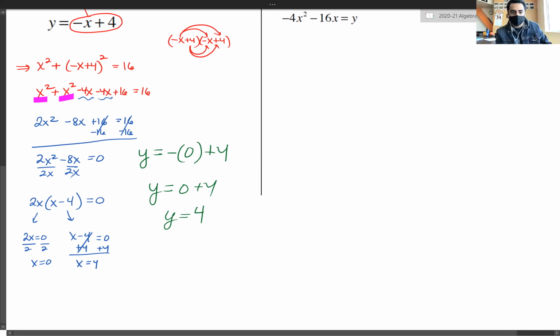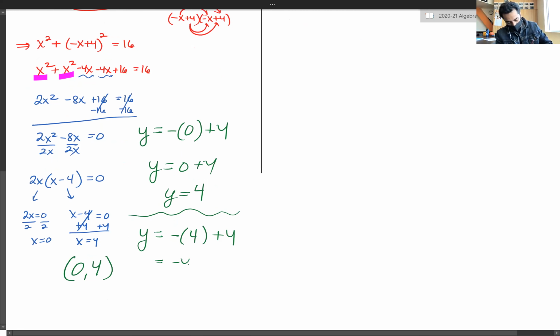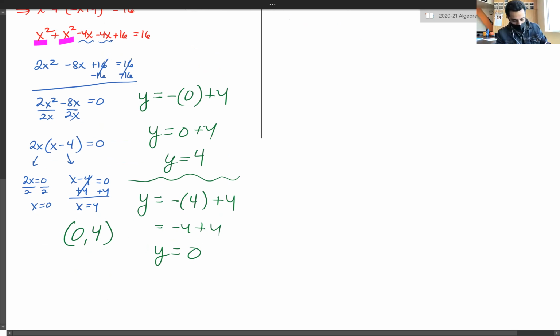So I need a coordinate, right? When x was 0, y was 4. That's one solution. And then we're going to do the same when x is 4. So y is equal to negative, plug in 4, plus 4. That's going to be negative 4 plus 4, which is 0. So for my other x value, it's kind of the reverse, right?